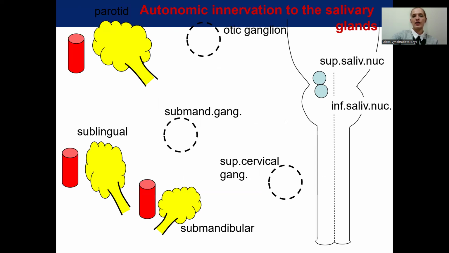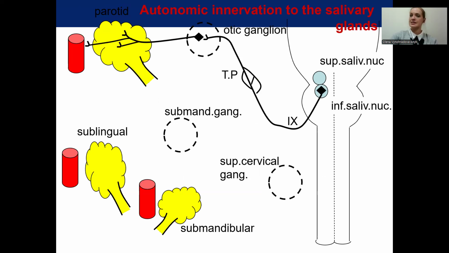Regulation of salivation. Our salivary glands are innervated by both the sympathetic and parasympathetic systems. Usually when we talk about the sympathetic and parasympathetic systems, we say they work in opposition to each other.